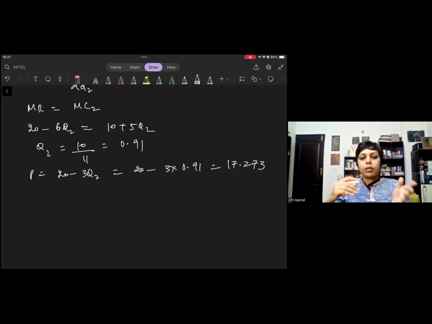If you equate marginal revenue of 1 to marginal cost of 1, and marginal revenue of 2 to marginal cost of 2, you will get the correct answer. What you're trying to do is equate MR1 equal to MR2 equal to MC, which is not correct in this case because marginal cost is different for both the plants. Did I answer your question?